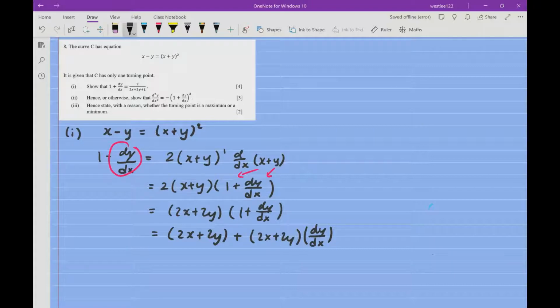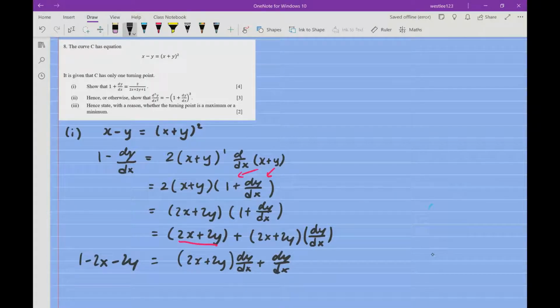Okay, so we have 2x plus 2y dy dx plus dy dx. And then for the 2x plus 2y over here, we will bring it over to the left-hand side. So we have 1 minus 2x minus 2y.